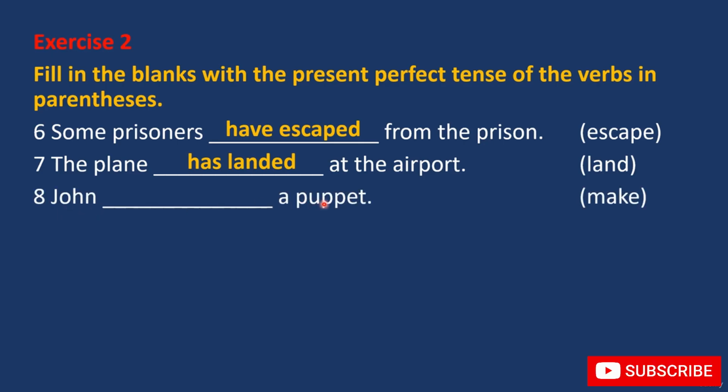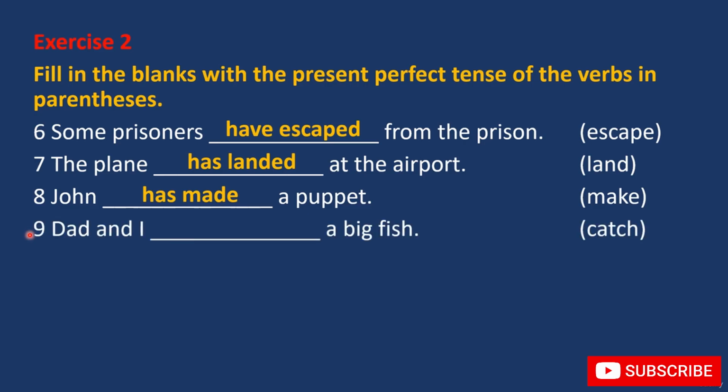John, a puppet. Make. I need the verb make. So John has made a puppet. Dad and I, this is plural. Dad and I need the verb catch. So Dad and I have caught a big fish.